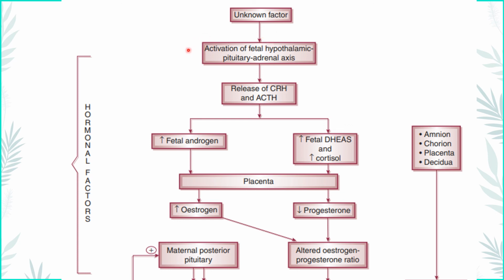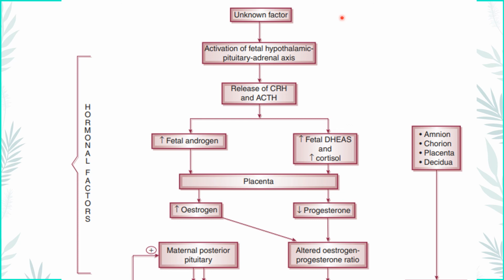For that, there is activation of the fetal hypothalamic pituitary adrenal axis. Recently it has been hypothesized that the initial signals for the onset of labor come from the fetus only, and due to some unknown factors, corticotropin releasing hormone secretion in the fetus results in increased ACTH secretion a few days before parturition, and the ACTH causes the fetal adrenal cortex to secrete large amounts of androgens.